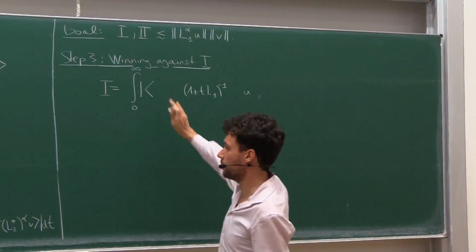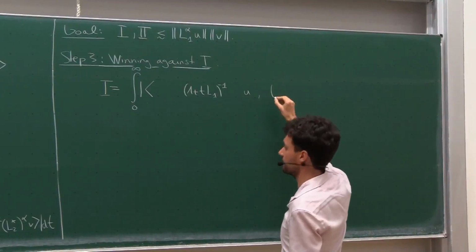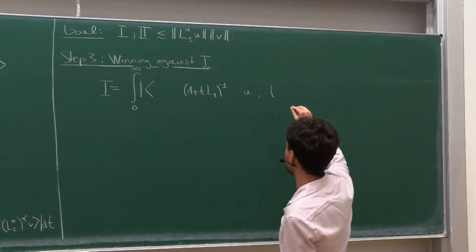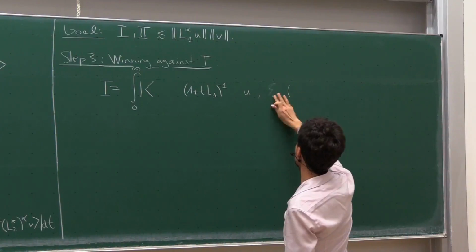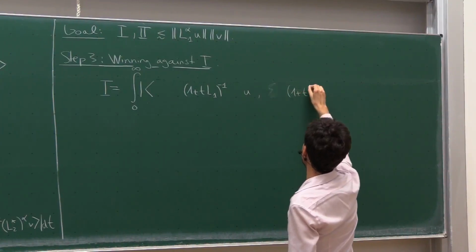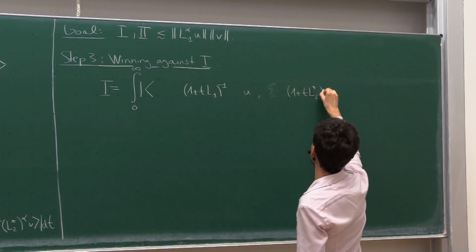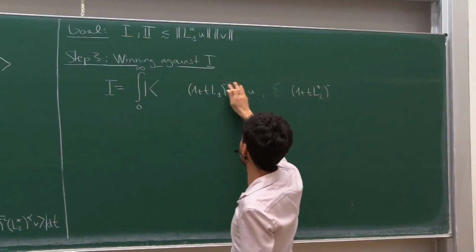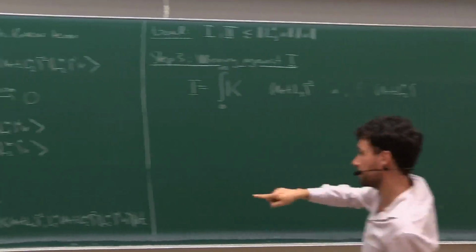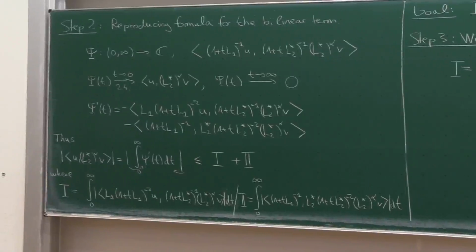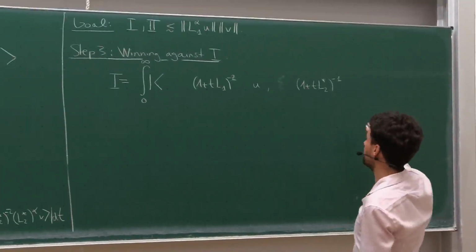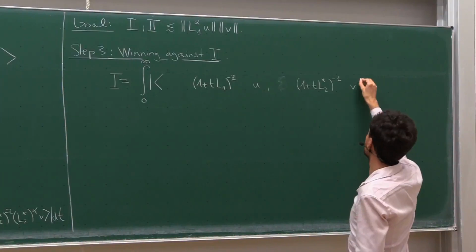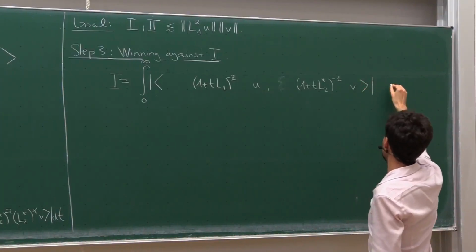There's also some L1 I leave out deliberately at this point. And then there's a resolvent, 1 plus t L2 star to the minus 2, sorry. And then there's a resolvent, this guy, minus 1, and then there's v. Okay, then there's some other stuff, and there's a dt.